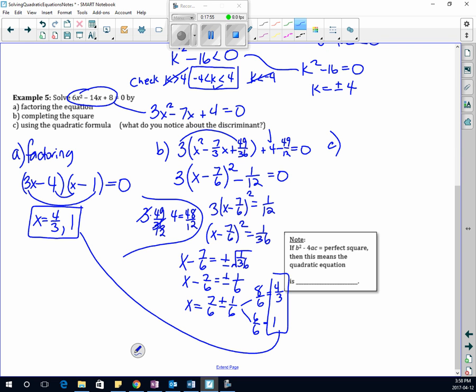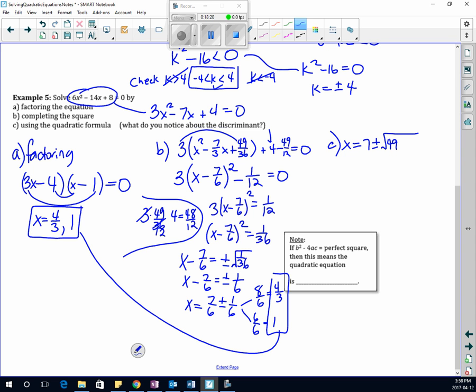So now let's do the quadratic formula. The quadratic formula says x equals minus b, so 7, plus or minus the square root of b squared. Minus 7 squared is positive 49, minus 4 times 3 times 4.